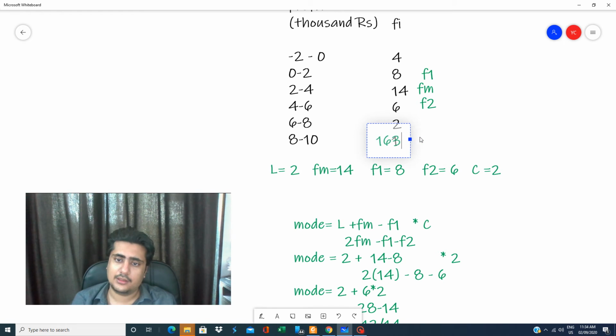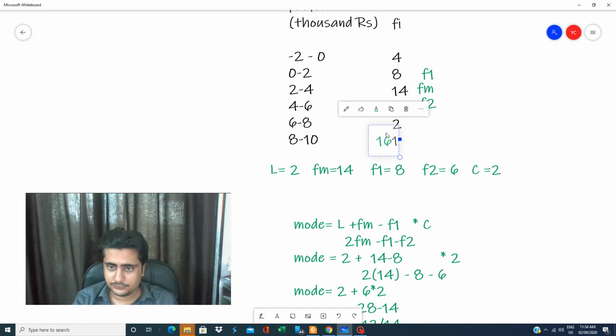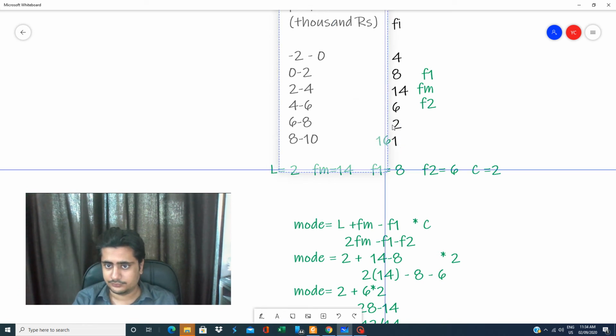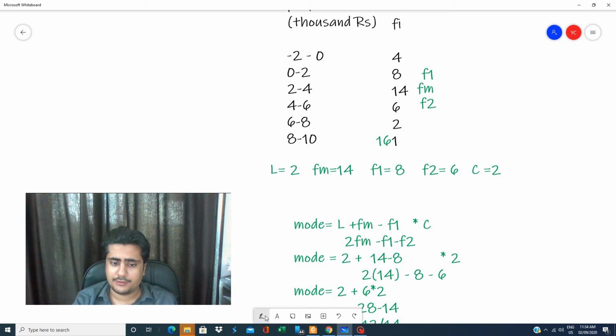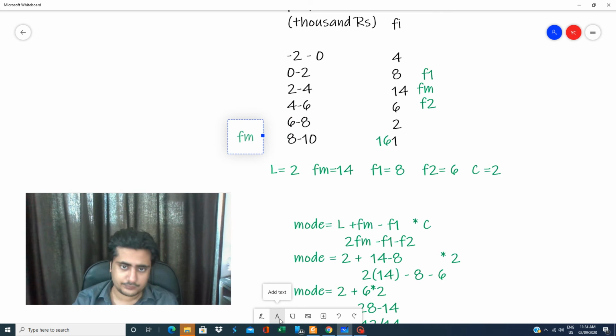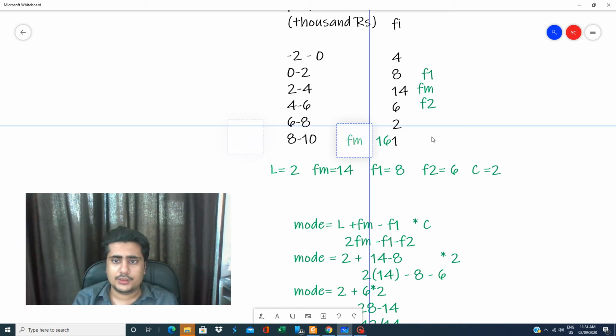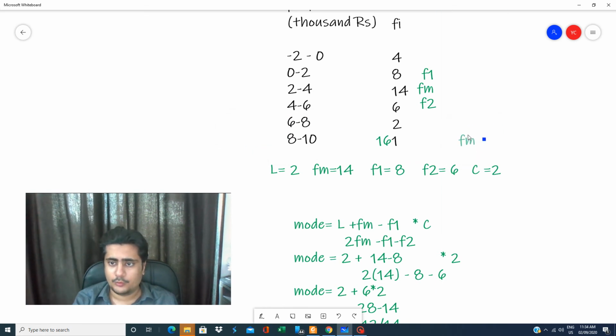Let's take the example that the highest is 16, and 16 comes here. Now, if you term this 16 as Fm, what will you term as F2? What will you do? There is no F2 now.